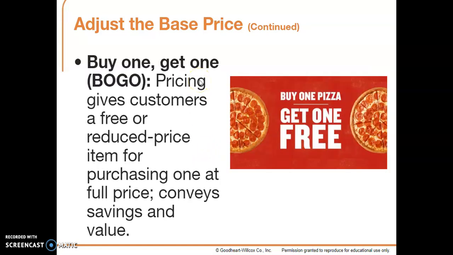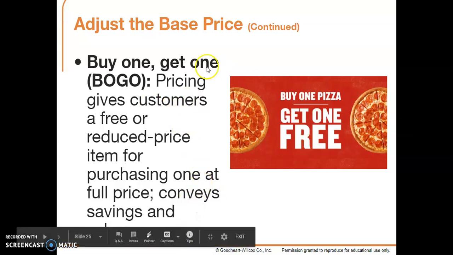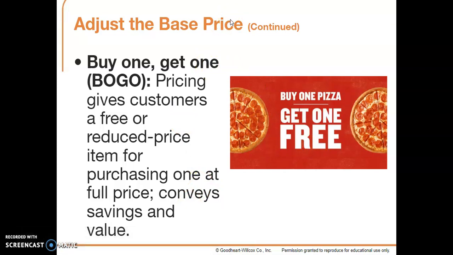There's also buy one, get one pricing. This pricing strategy gives customers a free or reduced price item for purchasing one at full price. It conveys value and savings. A lot of times this is used as buy one, get one half off. People maybe only had the intention of going in and buying one pair of shoes, but they say, you know what, I've got to get a second one now because I can get one at half price.